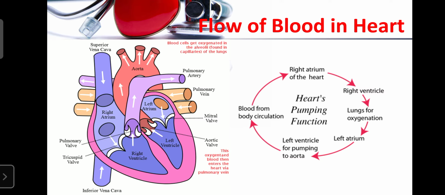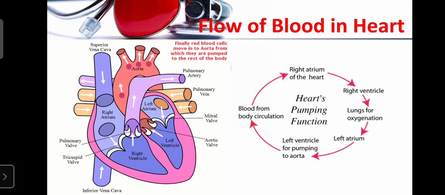From the right ventricle it enters the pulmonary artery and goes towards the lungs. In the lungs, oxygenation occurs, and the oxygenated blood returns through the pulmonary vein to the left atrium. From the left atrium it enters the left ventricle, then the aorta, and from the aorta it is circulated throughout the body.